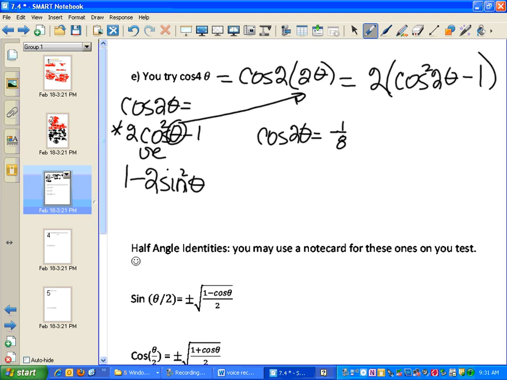Let me think. Hold on. Cosine of 2 theta. Let me think here for a second. I think this one's going to be different.